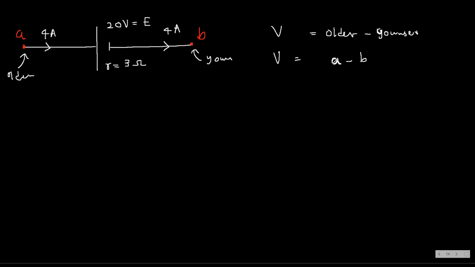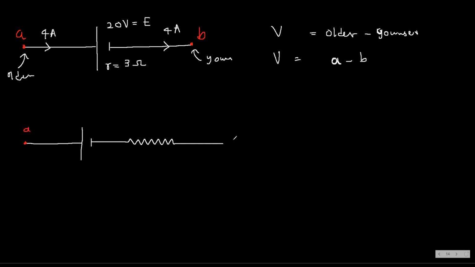Now, voltage is older minus younger. That means V is equal to A minus B. Is it clear or not? Irfan, is it clear? Yes, sir. Now, I'm going to take out the resistor. Actually, we cannot take out the resistor, it is a conceptual thing.